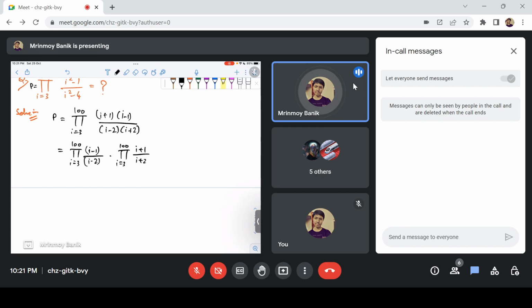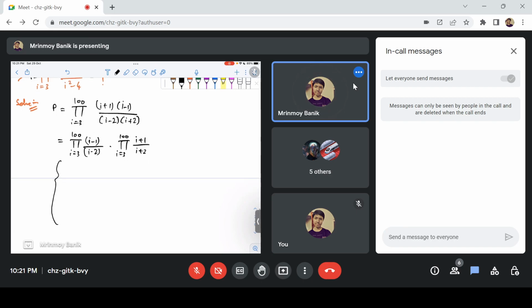Now we will just expand and use forward cancellation. It's better to expand this horizontally instead of vertically like before.